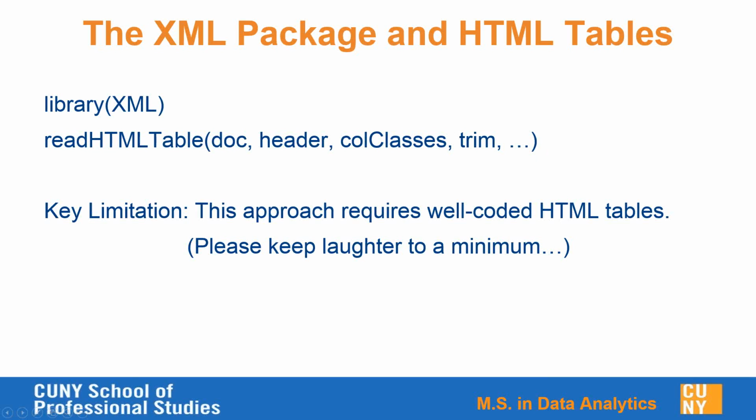Okay, web services. They're a little bit more advanced and make your life a little bit easier when they exist, but that's the key. They have to exist. So typically there's an API, and the package that I'm going to show today, I'm just going to show the very basics, is the RCurl package, which you can also use, by the way, to pull HTML data.